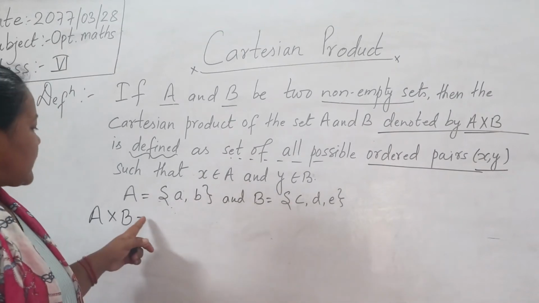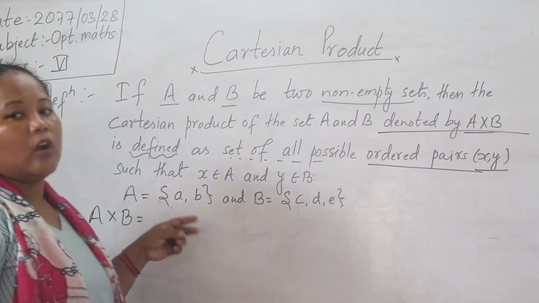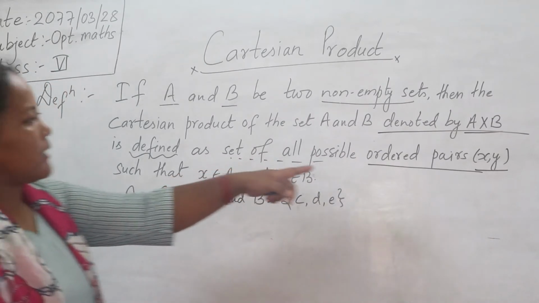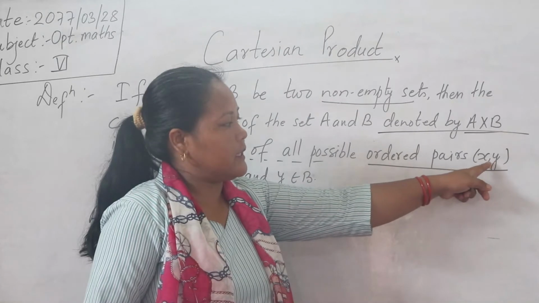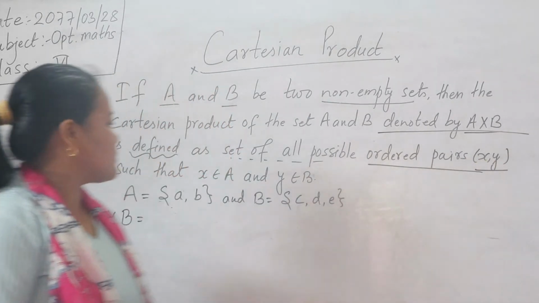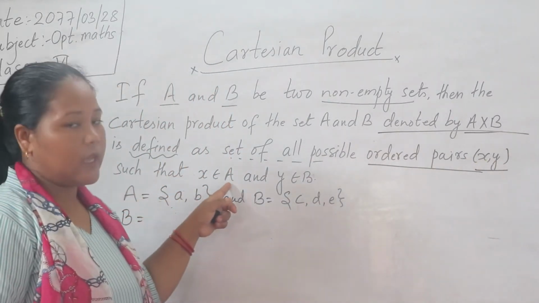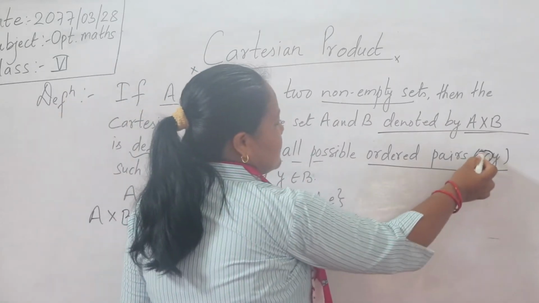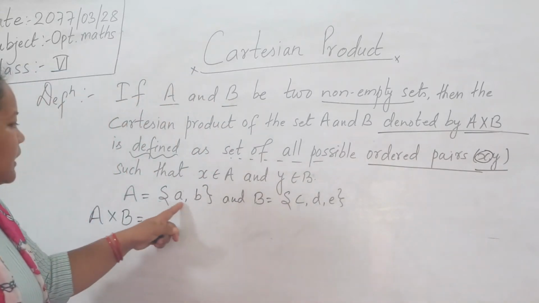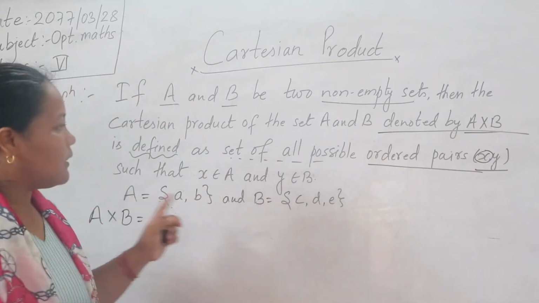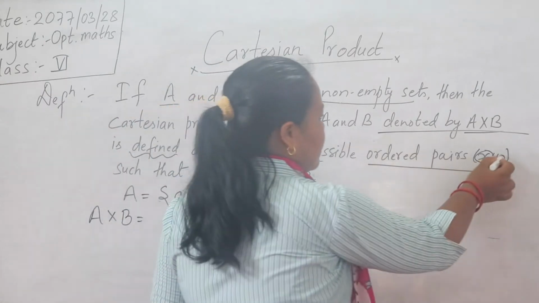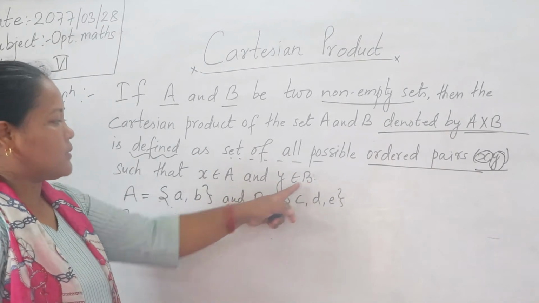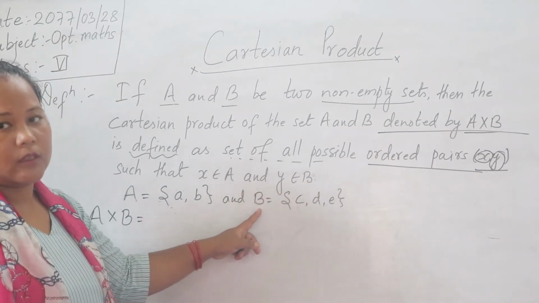Look here, the Cartesian product is also made of ordered pairs, the set of all the ordered pairs (x, y), such that x belongs to A and y belongs to B. This x should be an element from set A, and the y of that ordered pair should be an element from set B.